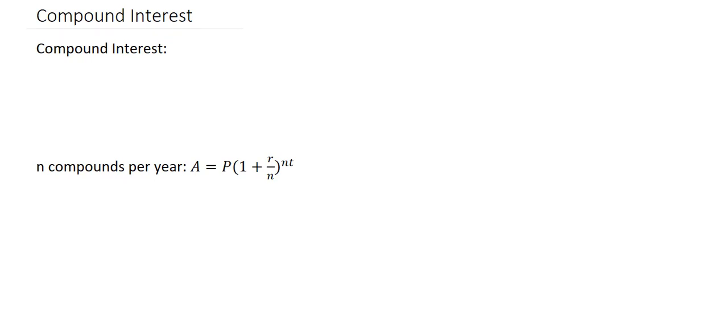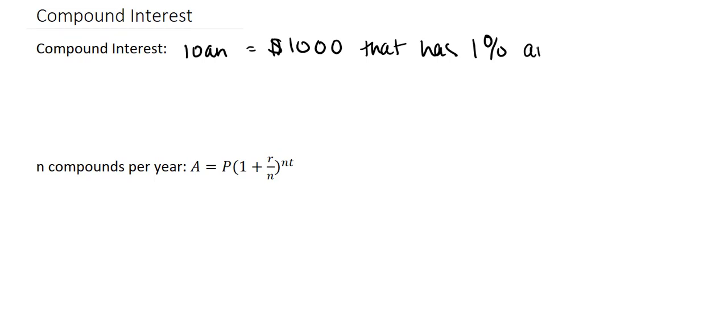Compound interest. So let's just go over an example to see this. Say you have a loan of $1,000 that has 1% annual interest.